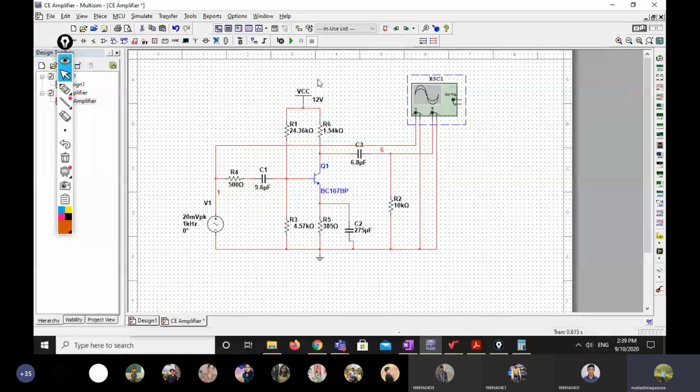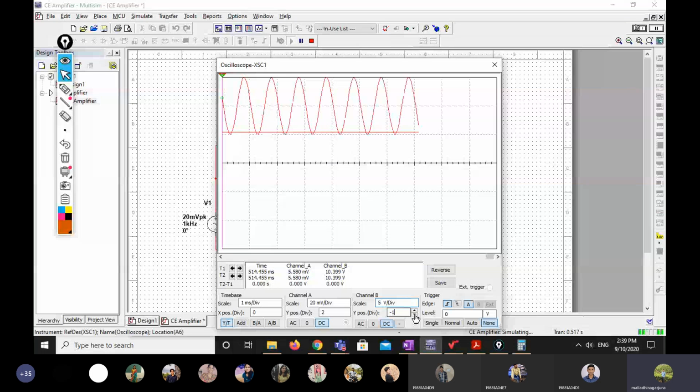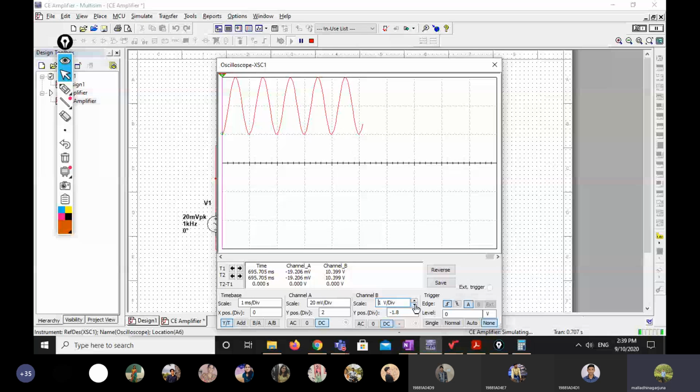Next, if I remove the coupling capacitor, I'm not taking the coupling capacitors here, I'm taking a direct connection. What happens? See, here is my DC signal. Where is the signal? My signal is a straight line.